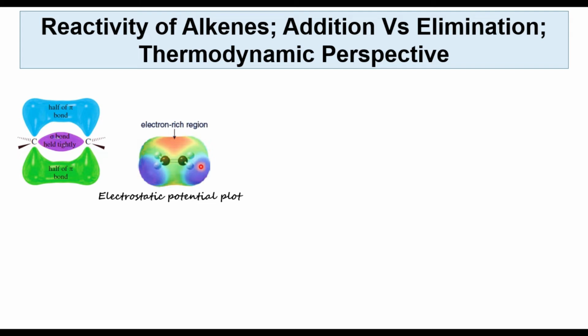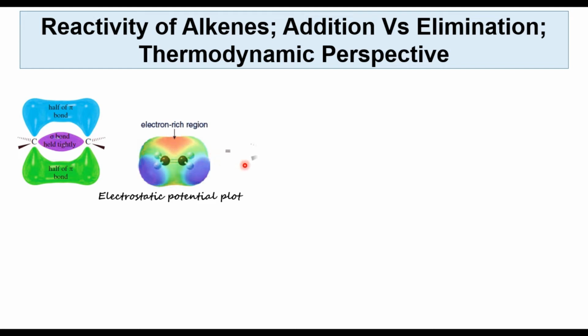The blue regions depict the comparatively electron deficient sites. The electron density of the pi bond is concentrated above and below the plane of the molecule, making the pi electrons more exposed than the sigma electrons.